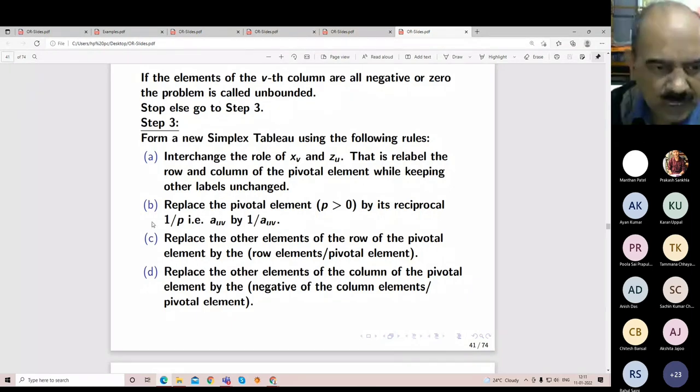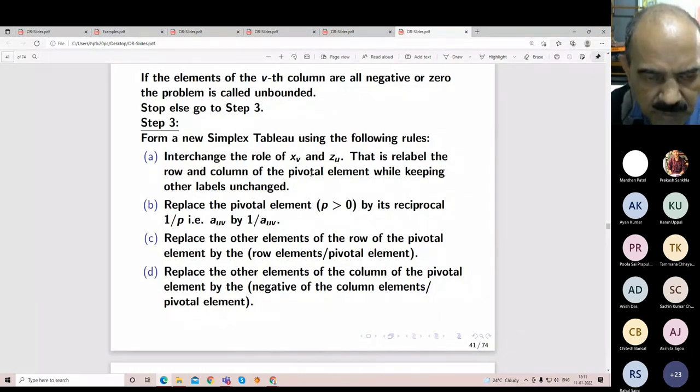Once it is completed, from one table, when we are going for another table, we will draw a similar table. After drawing a similar table, interchange the role of XB and ZU, these two labels. Other labels remain as they are. Then we will try to fill up this table.